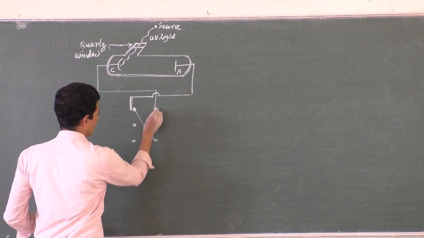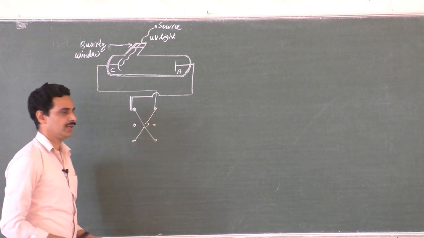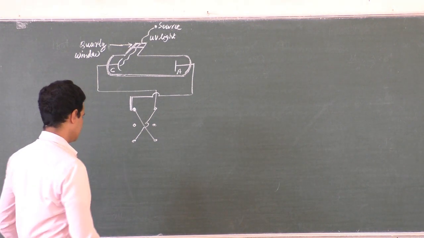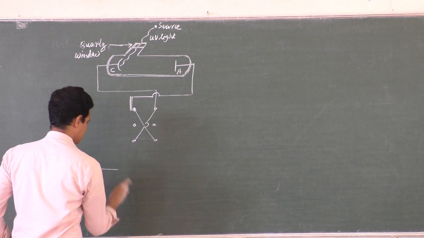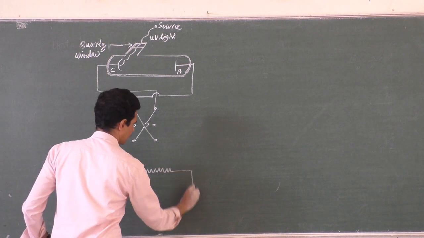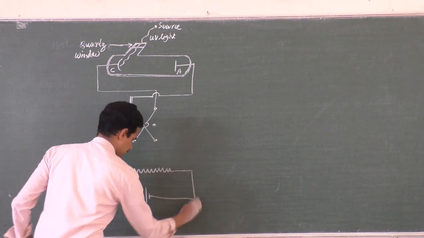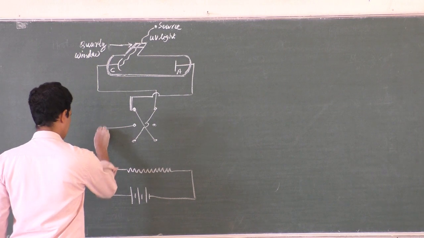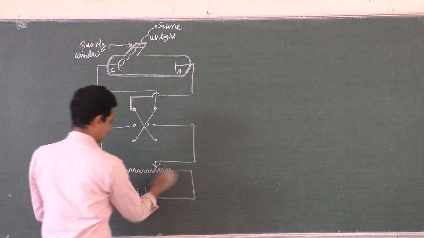Then connect these two and jump over here the corners. Then from the middle one you have to connect it to the accelerating potential difference battery. So you should be ready with a very long wire with a resistance, or a rheostat, which can change the current, and you connect it to a high tension battery, plus minus like this.